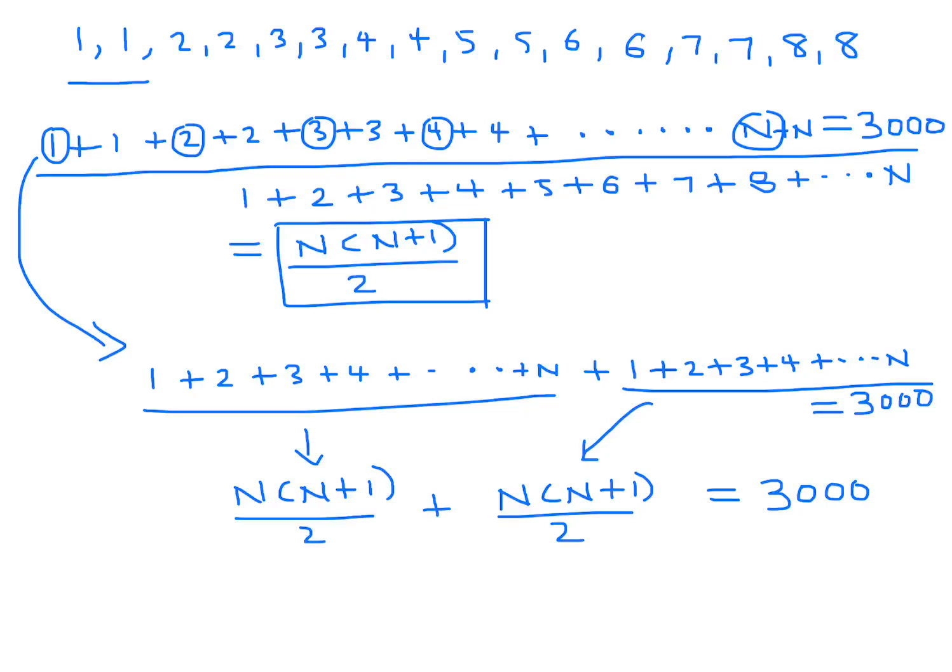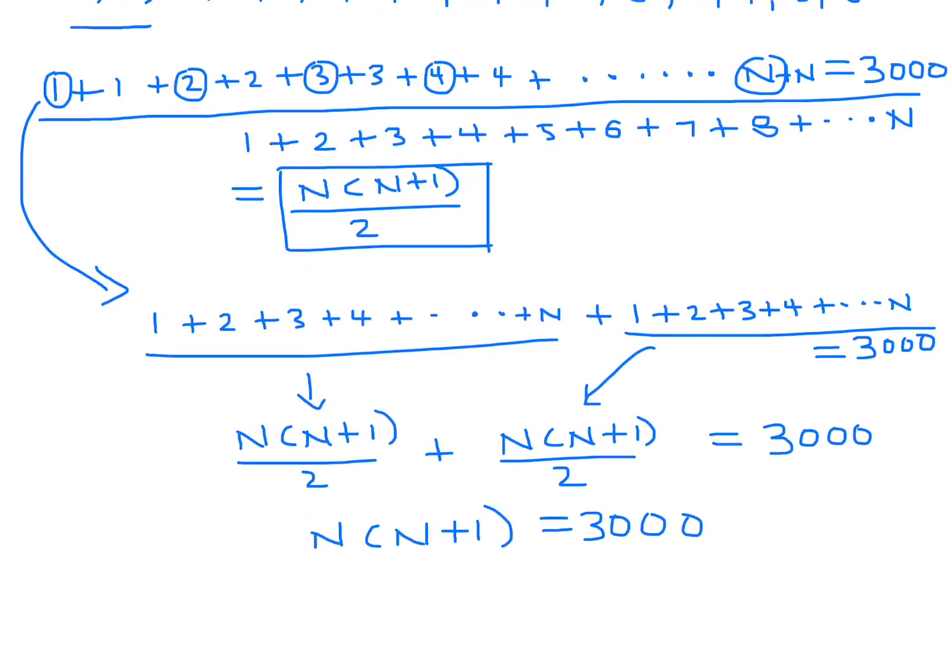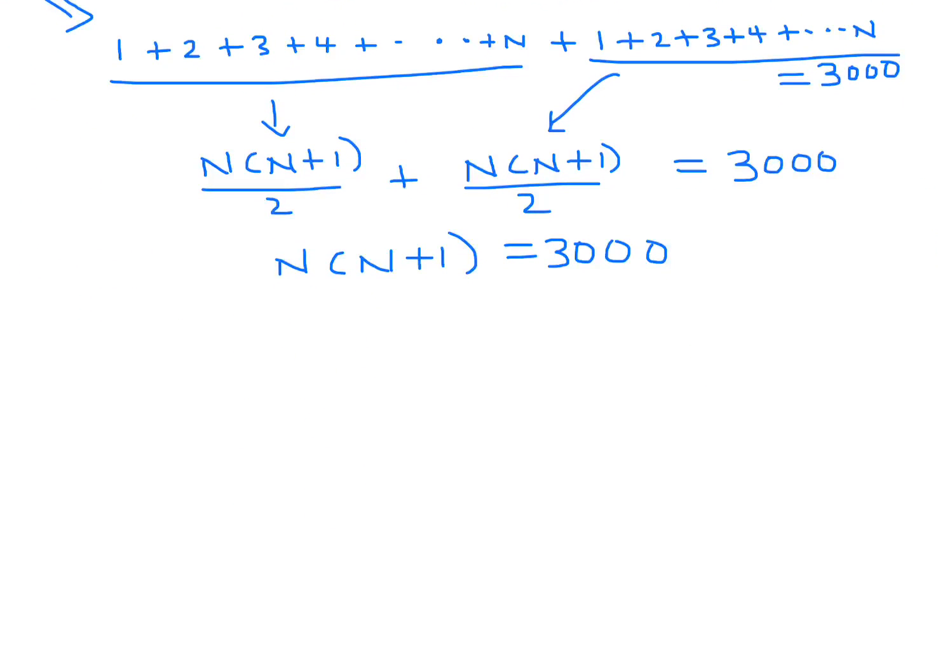Well, this basically just becomes n times n plus 1, because you have half and half, and that equals 1. Now, what do we do at this point? Well, you have n times n plus 1 equal to 3,000, so it's very close to being n times n equal to 3,000.